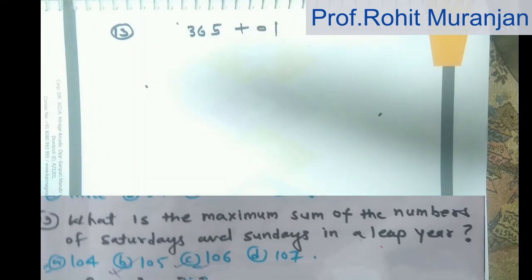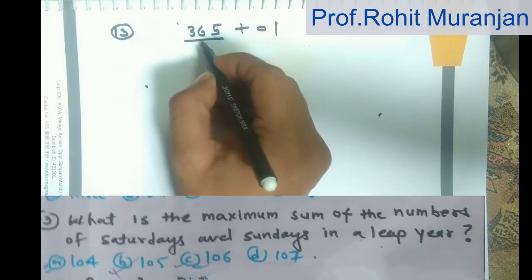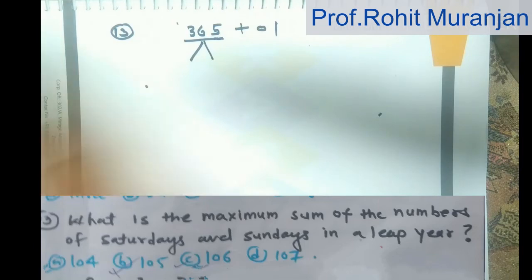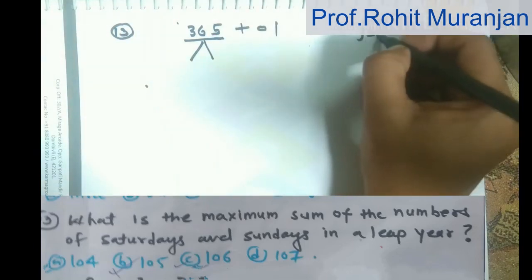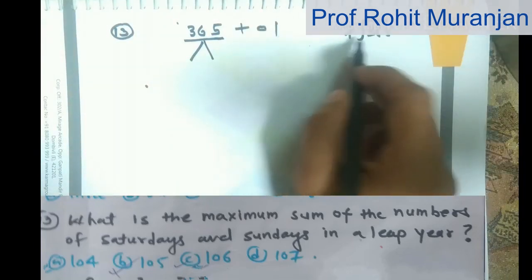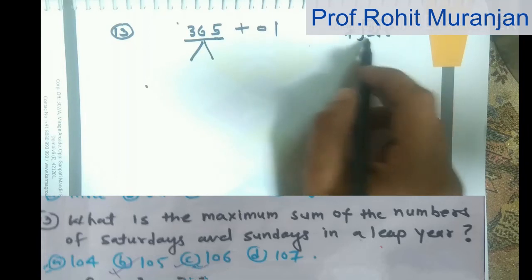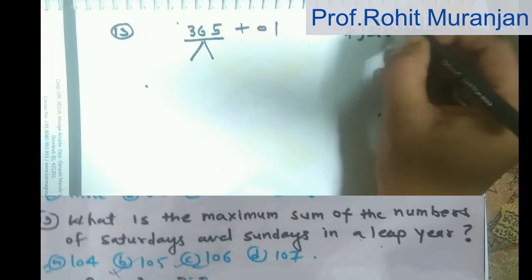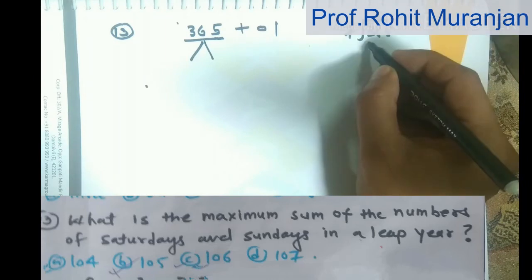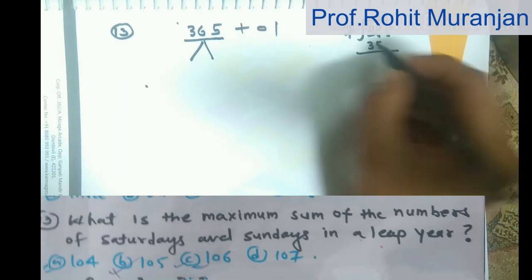Now, how many weeks are there in a year? Let's try to find out. 365 divided by 7. If I reduce 365 modulo 7, 7 5s are 35.